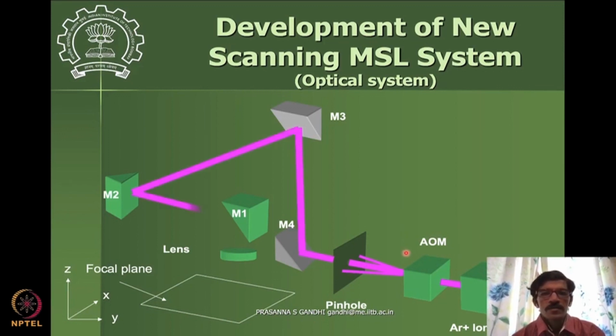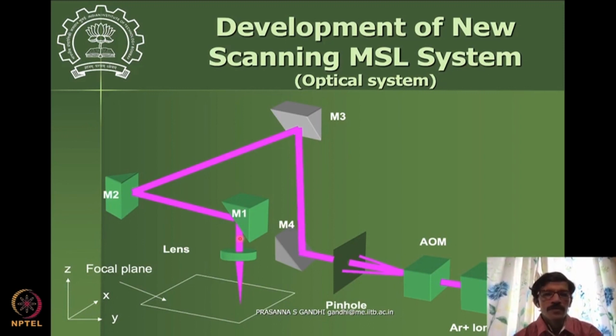Then your beam gets directed onto these fixed mirrors first, which are just steering mirrors, and then you have the mirrors which are in motion. These are the mirrors that can be used for adjustment and alignment purposes. So this is how the entire system will look, and you will need to move these mirrors M1 and M2 to have this scanning happen.